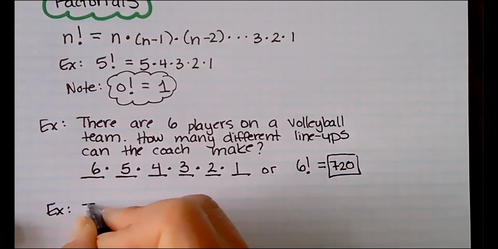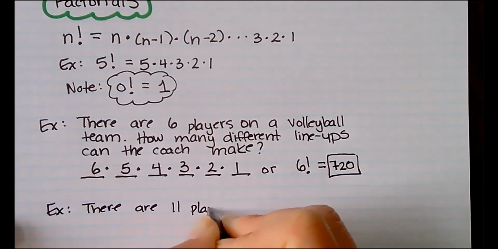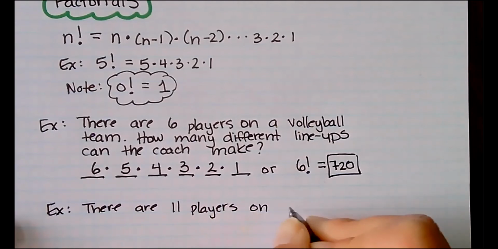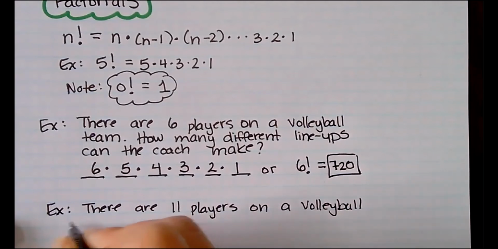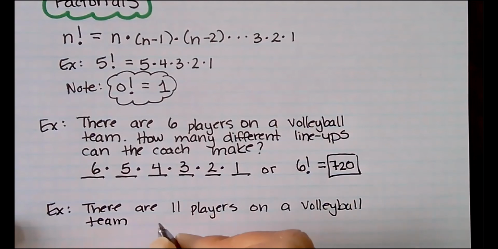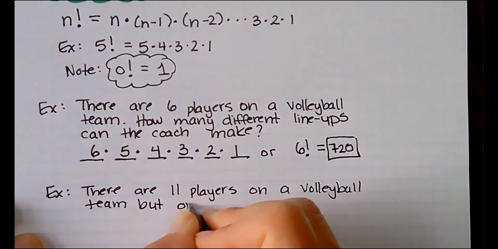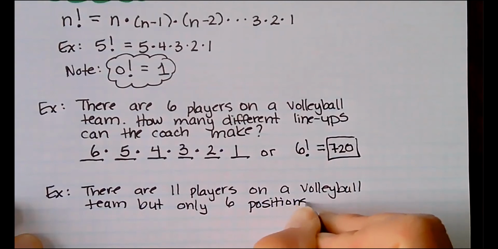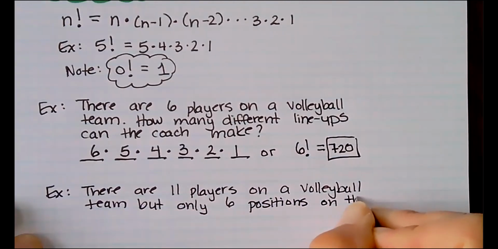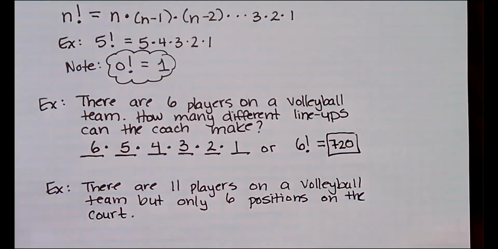So next example, there are 11 players on a volleyball team, but only 6 positions on the court. So we want to know how many different lineups are possible.